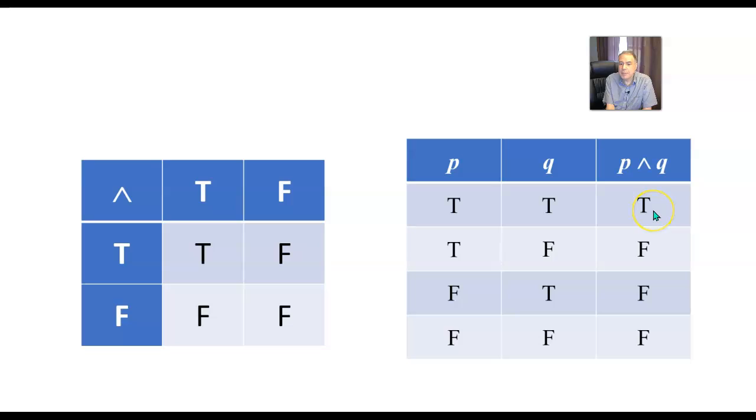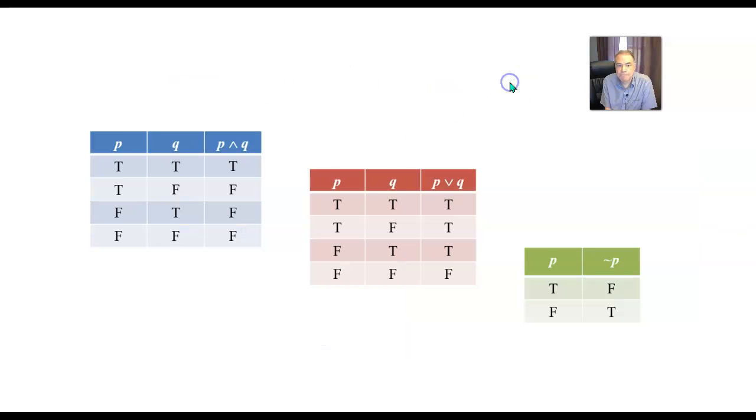So this handy table here shows us that true and true equals true, true and false equals false, false and true equals false, and false and false equals false. Remember, with AND, both parts have to be true for the whole thing to be considered true. Otherwise, the whole thing is false.